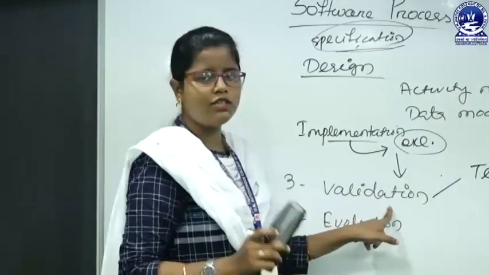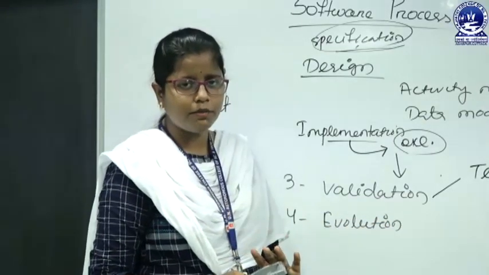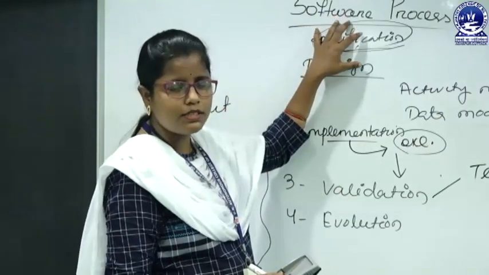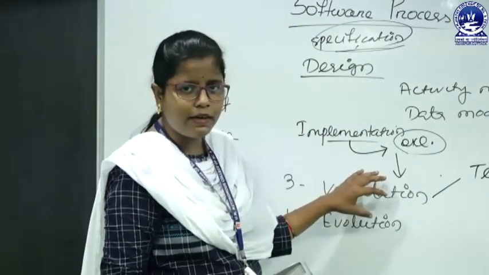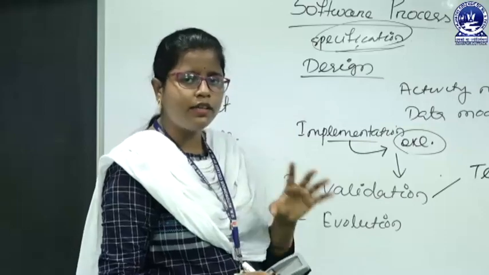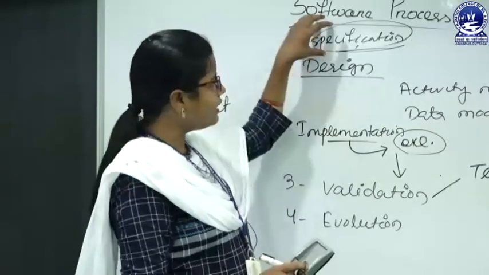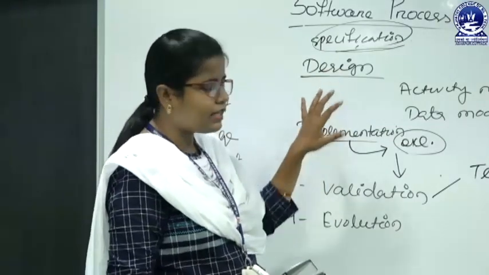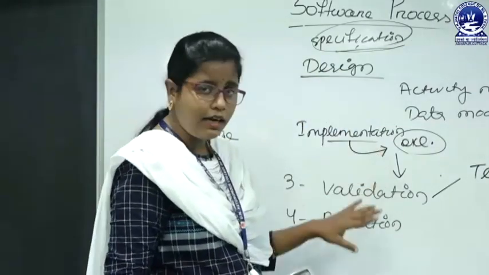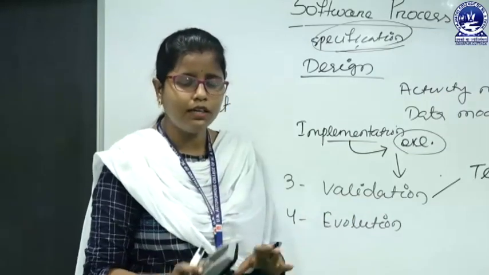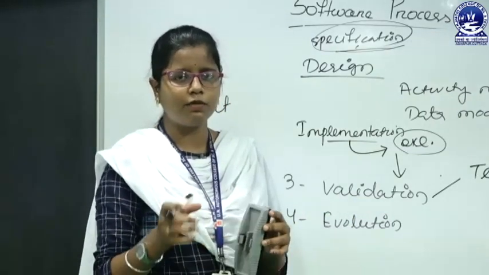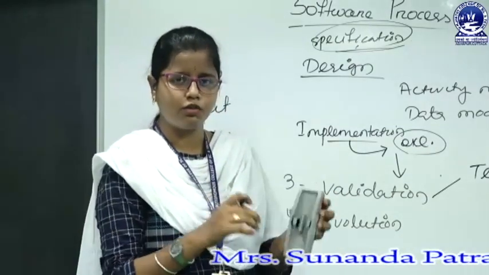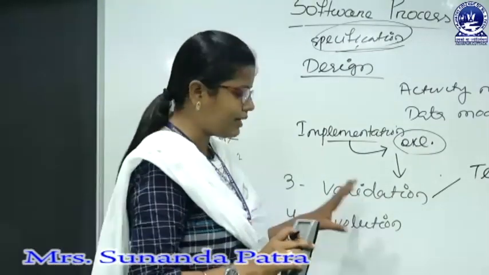Whatever requirements have been specified in the specification phase, we have to prove in this validation stage that they are well defined, well organized, well implemented, and up to the mark, so that in the way the customer wants, in the same way we deliver that software to the customer. So, this is the validation phase.